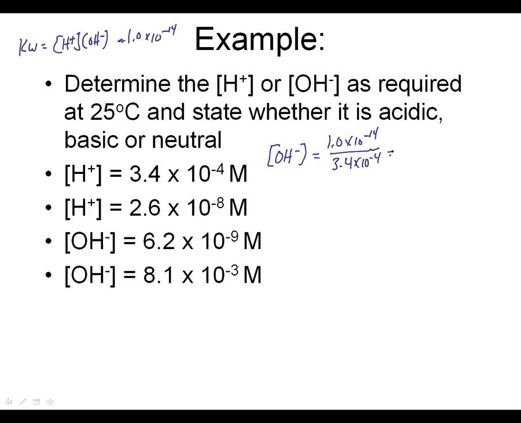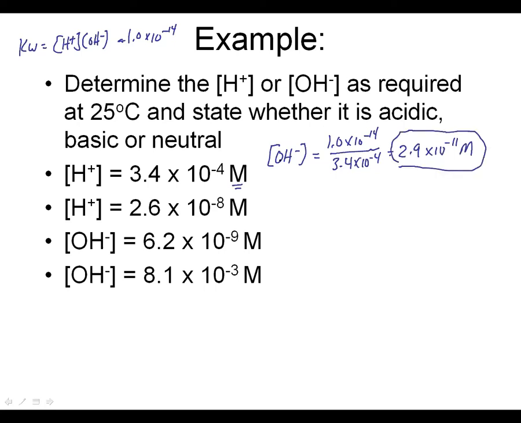And if we do that, we end up with a concentration of 2.9 times 10 to the minus 11. Since it is a concentration, we do want to put molarity here, since our original unit was molarity. And that would be our answer.